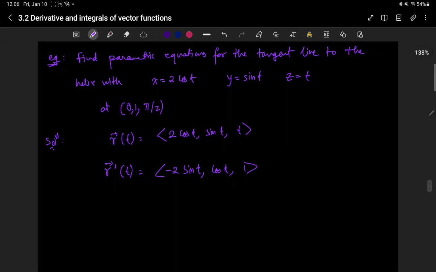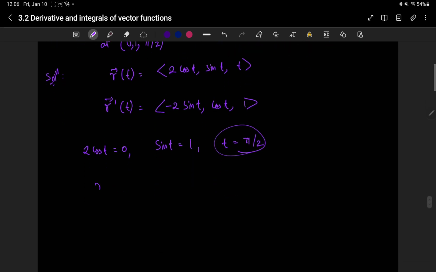Now here we need to do a little bit of work, because what we are given is actually that x equals 0, right? So we're given 2 cosine t equals 0, sine t equals 1, and t equals pi over 2. So t is pi over 2. So what happens at pi over 2 when you plug this in? Negative 2 sine pi over 2, cosine pi over 2, and a 1. Sine pi over 2 is 1, so this is negative 2, 0, 1.